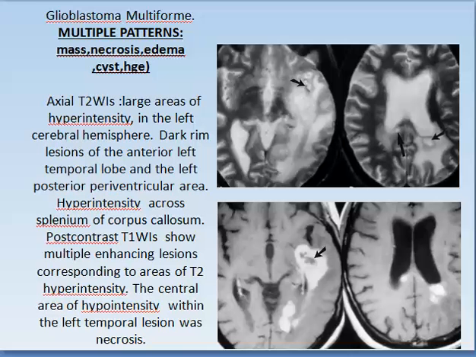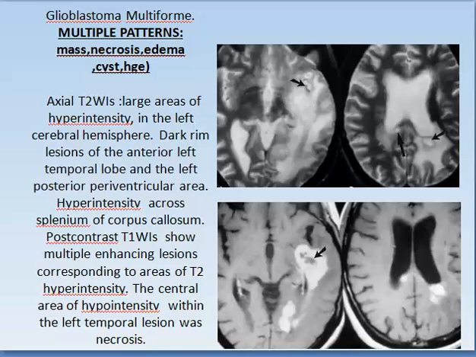Dark lesions in the anterior left temporal lobe and left posterior periventricular areas denote hemosiderin, denoting hemorrhage. Hyperintensity across the splenium is seen crossing the corpus callosum, crossing to the other side, denoting the presence of crossing.